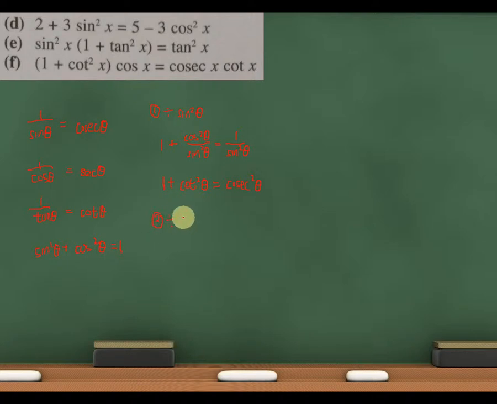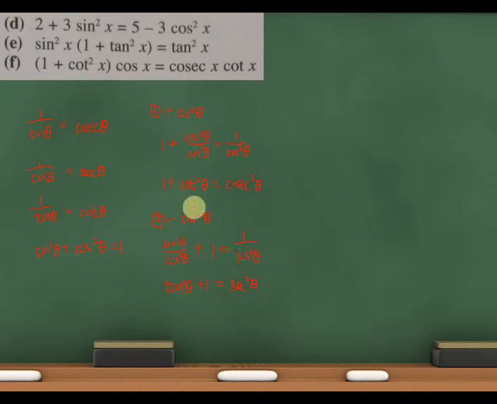Second, we divide throughout by cosine square theta. We'll get sine square theta over cosine square theta plus 1 equals 1 over cosine square theta. So tangent square theta plus 1 equals 1 over cos squared, and the inverse of that will be secant square.